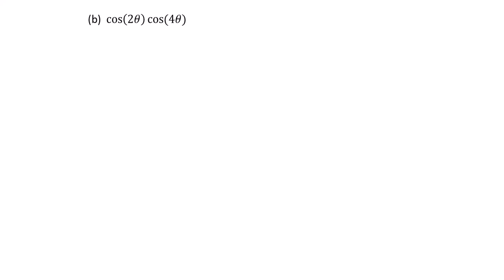Let's write this product as a sum, a cosine of 2 theta times cosine of 4 theta. This will be 1/2 times the cosine of 2 theta minus 4 theta plus the cosine of 2 theta plus 4 theta. Now we simplify.